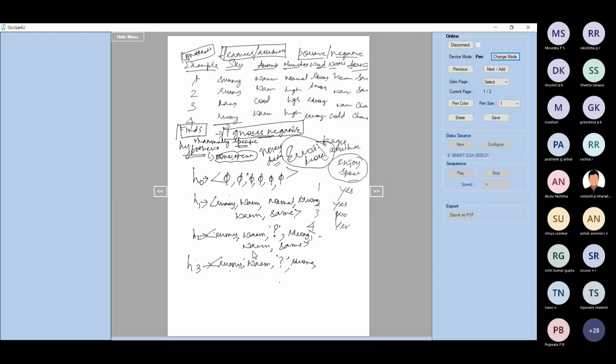Your water should be warm for a training example to be positive. But right now, your existing hypothesis is inconsistent with the fourth training example, meaning your hypothesis says water should be warm for it to be positive. But when water is cold, it is also positive. That means we should start generalizing. So I put a question mark there.